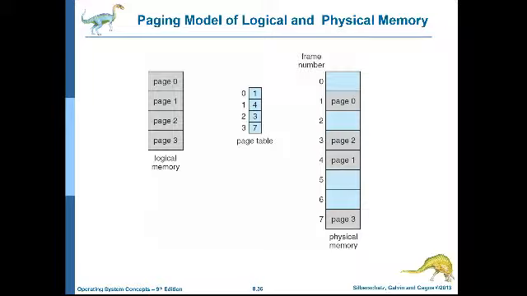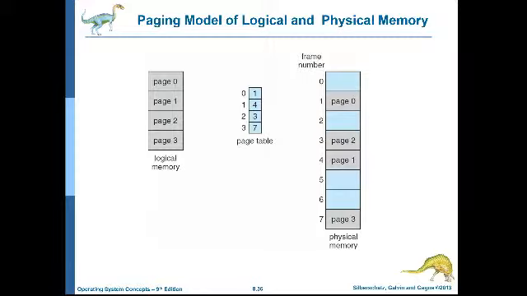The ability to leave holes in the virtual address space is very important. That's how we get the stacks way up at the top, and the code and data way down at the bottom, and all this empty space in between. Empty space is empty space in the page table, entries that are what? Invalid.